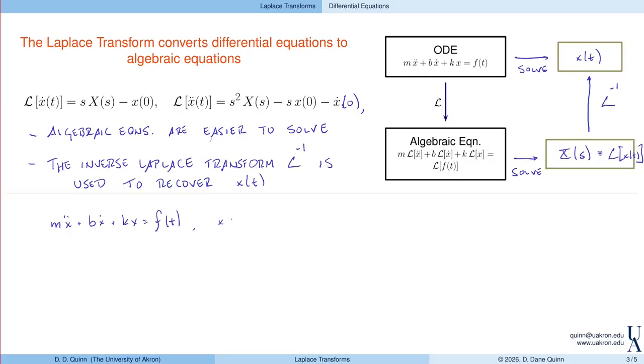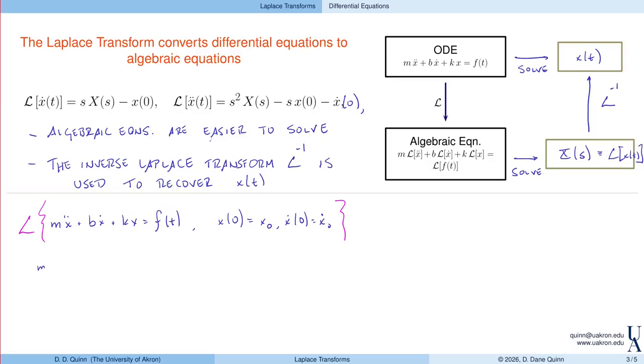And then we'll have the initial position as x naught, and the initial velocity as x naught dot. Essentially, I'm going to take this entire system and take the Laplace transform of it. Again, the Laplace transform is linear, so it's simply the Laplace transform of all these individual terms.